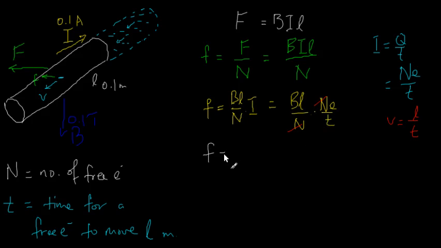So F is equal to, if I rearrange this, I get B and e. Let me move B and e to one side, and then I have L over t on this side. So this is the same as this, and therefore, since L over t is v, I get B e v, and this is the equation. F equals B e v.